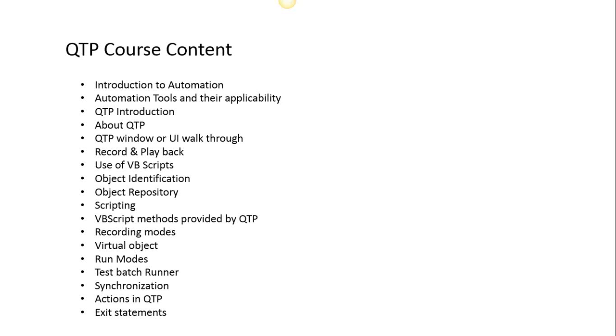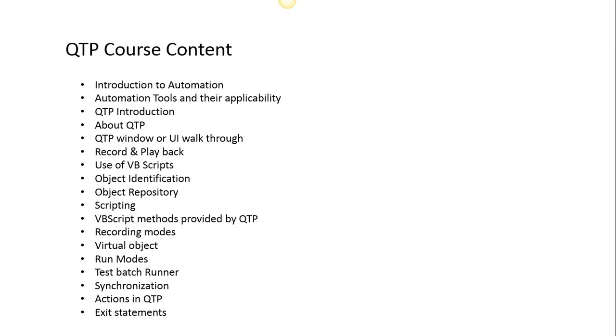Then we have an introduction about QTP, an overview and also the history of QTP, how it has evolved. Then we would be going into the QTP window and see how QTP looks, what the different menus or panes available in QTP are.